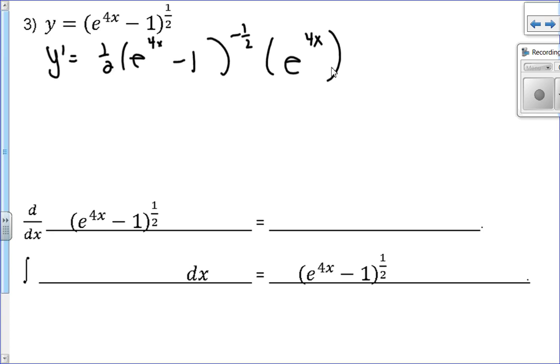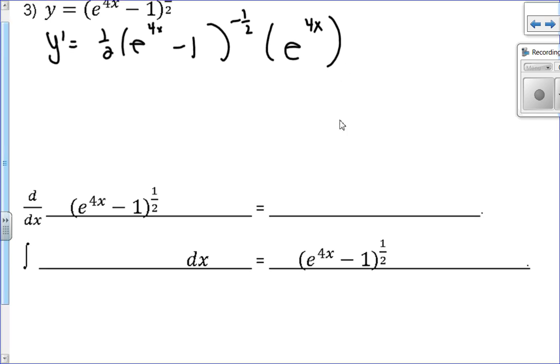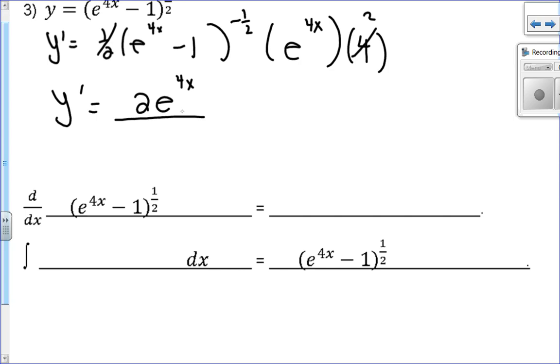The derivative of e to the 4x is e to the 4x. But because my exponent's not just x, I do the derivative of my exponent, which would be 4. Half of 4 is 2. So I can just write the 2 and the e to the 4x up front, and then e to the 4x minus 1 to the 1/2, or just square root, would be on the bottom.